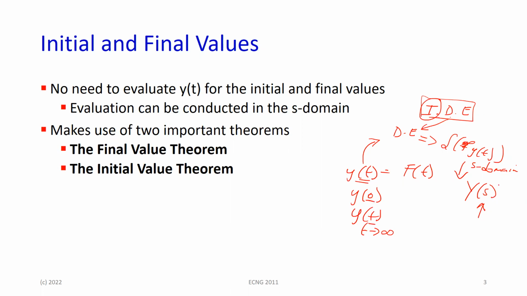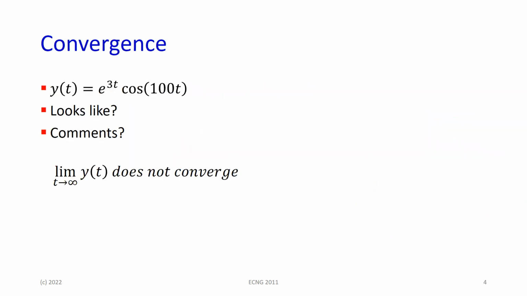Because we know here it is just addition, subtraction, multiplication, and division, it's a lot easier than trying to figure it out on this side. And this is where these two theorems come in, which are the final value theorem and the initial value theorem.